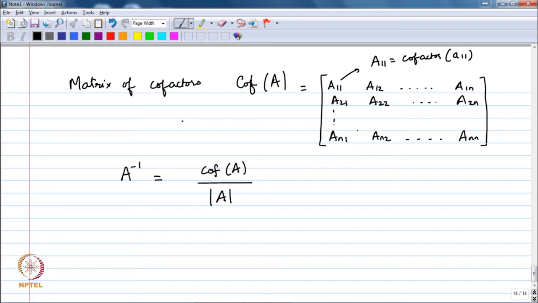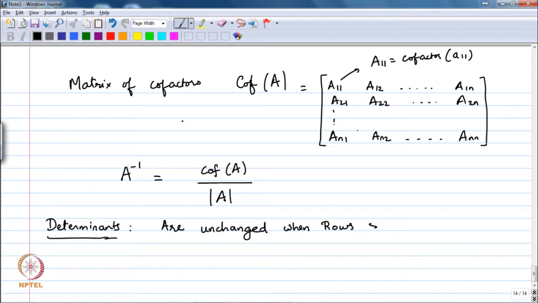Now, let me briefly mention a few properties of determinants that are of interest, since these appear very often. Some properties of determinants: they are unchanged when rows and columns are swapped.